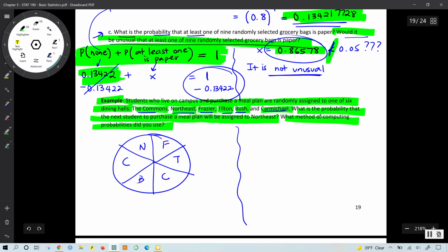And so the probability that the next student will be assigned to Northeast is taking one chunk or one slice out of 6. So the required probability here would be 1 out of 6. Notice that in computing this probability, what I did was to consider the possibilities. I did not actually assign a student to Northeast.